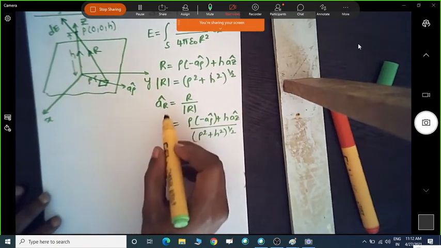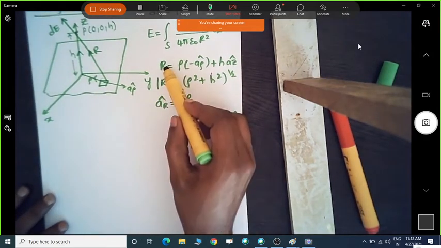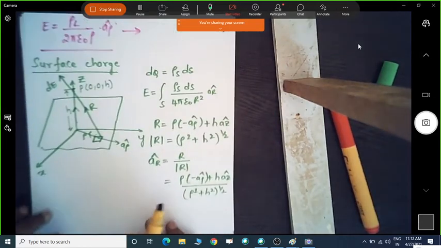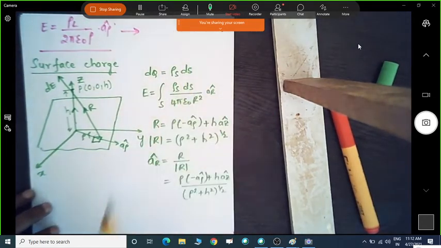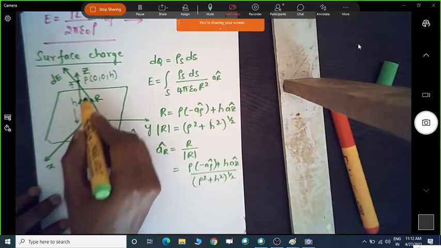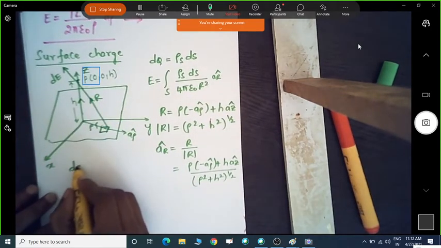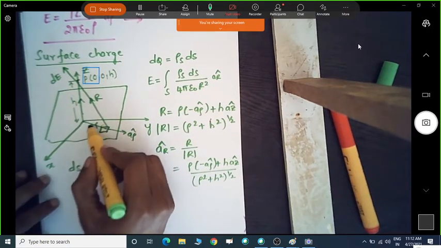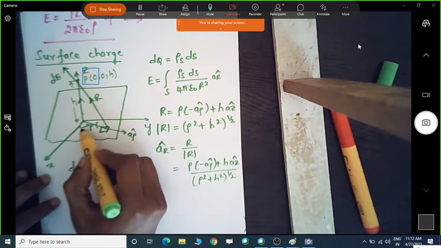This unit vector we have found, and r we know. Now we have to write the elemental surface area ds. What is ds in this configuration? If I consider cylindrical coordinates rho, phi and z.